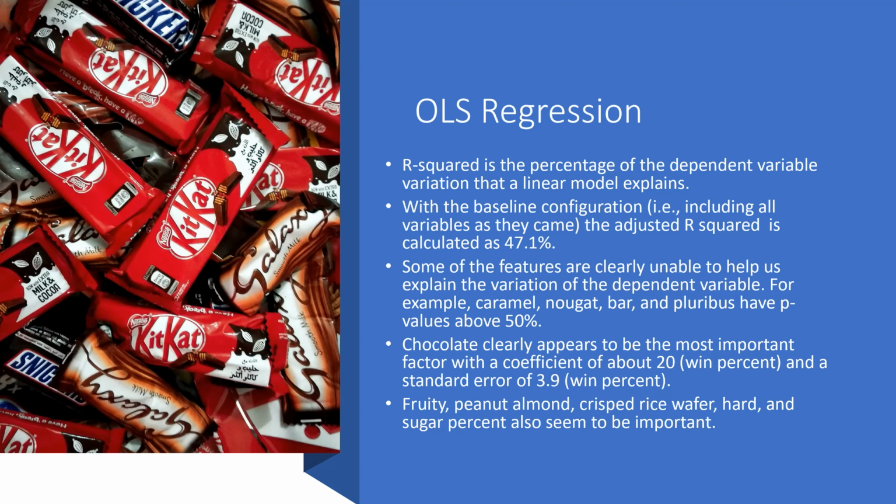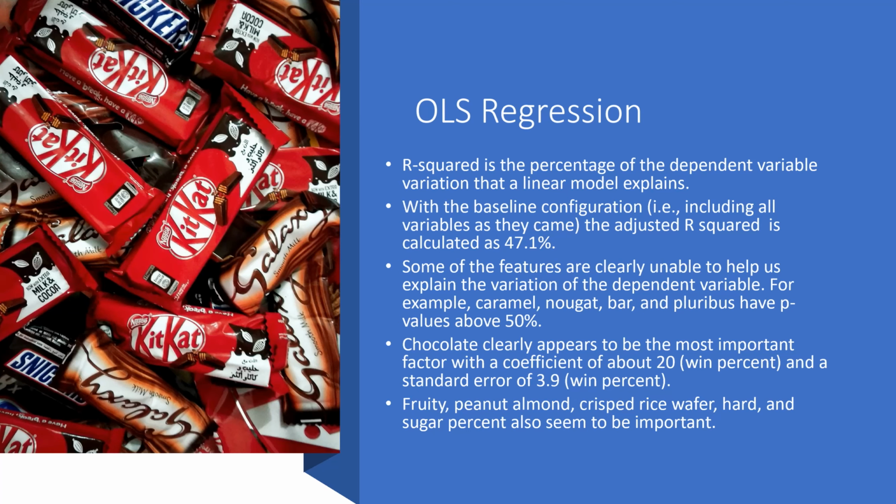Some of our findings are, with the baseline configuration, the adjusted R squared is 47.1%. Some of the features are clearly unable to help us explain any of the variation of the winning percent, or dependent variable. For example, caramel, nougat, bar, or multiple candies pluribus have p-values above 50%.